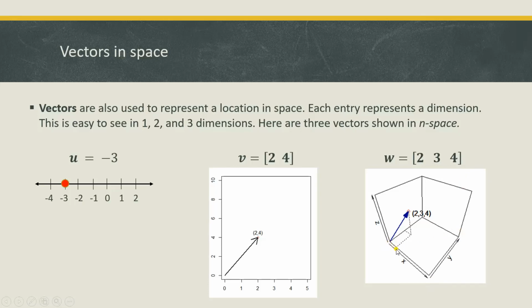We would move 2 along the x-axis, followed by 3 along the y-axis, and then up 4 to get to point 2, 3, 4. That would be the red point, and then the three-dimensional vector runs from 0, 0, 0 up to our ending point. And so we can see whether it's 1 space, 2 space, or 3 space, we have a physical representation for the vector in space.